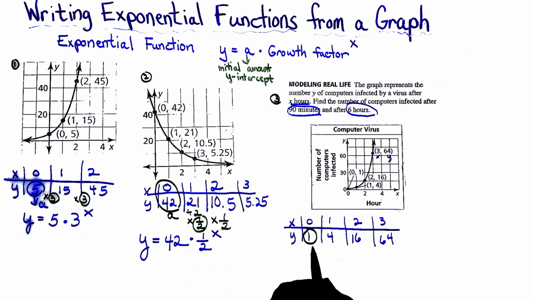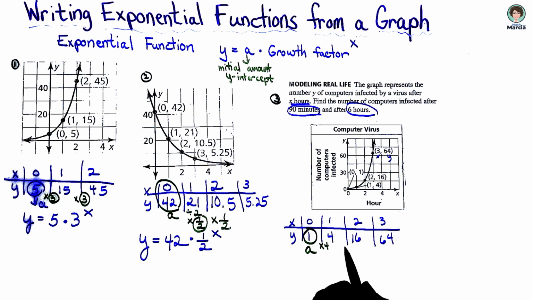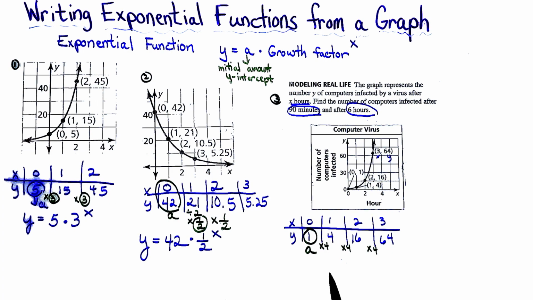All right, well, we can see, again, that our initial, we start with really one computer, just one, and that's going to be our letter A. And then notice, I go from 1 to 4, and then from 4 to 16, and 16 to 64. Well, 1 times 4 is 4, 4 times 4 is 16, 16 times 4 is 64. So I know that my growth factor, and it is growing fast, is going to be a 4.